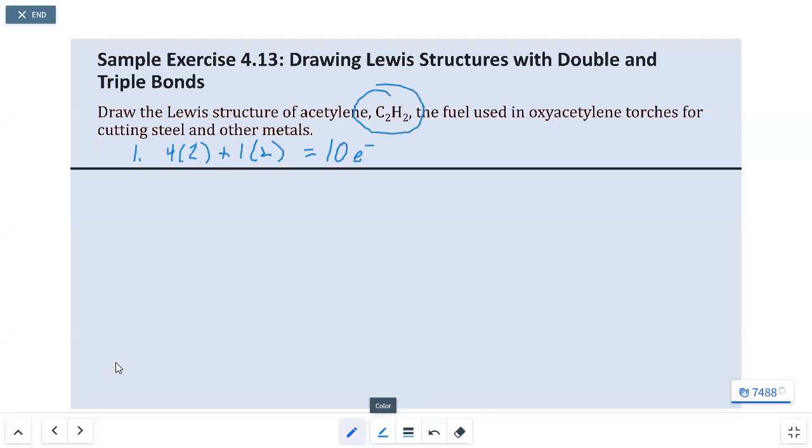When we see organic molecules such as these, where we've got multiple carbons in the same compound, that is a sign that we're going to make a chain.